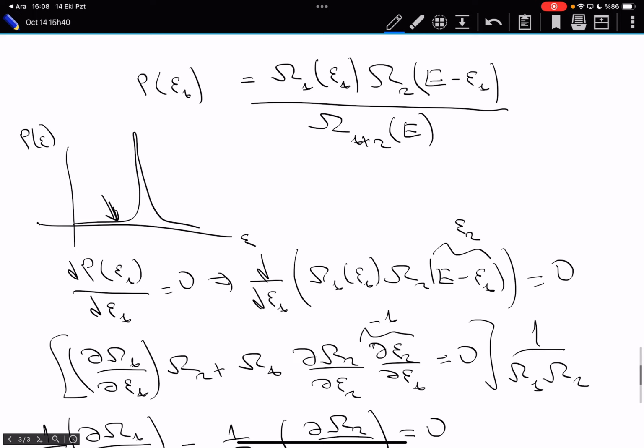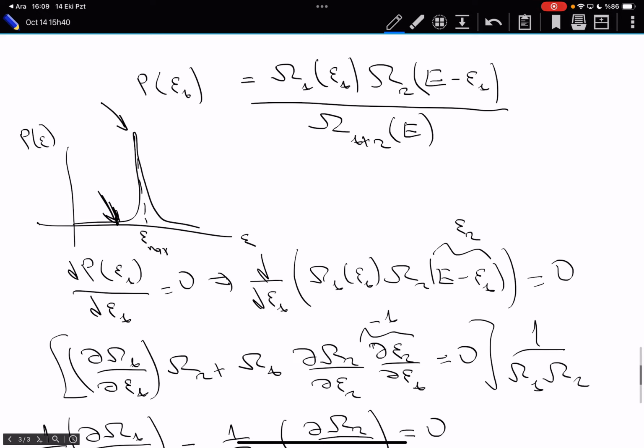This tells me that if your left system has that much energy, as time goes on it will come over here. The most probable evolution of your system will be for it to come to this point, epsilon max.